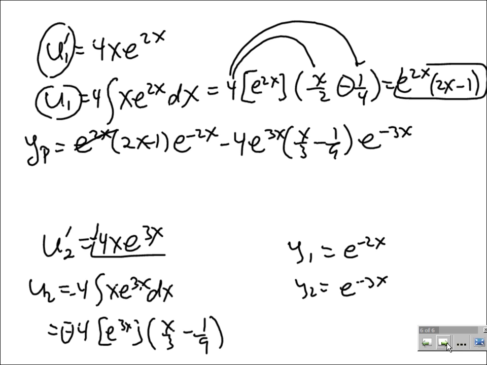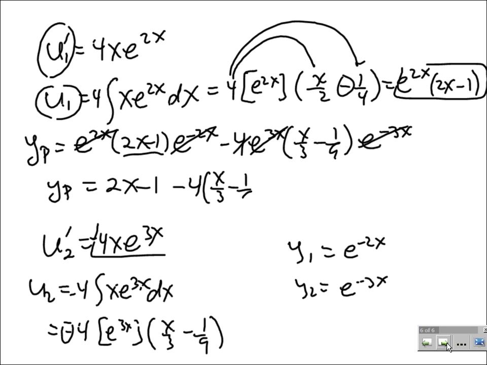Of course, this times that is 1 times 2x plus 1 is 2x minus 1. This times this is 0. Sorry, it's 1. It's e to the 0, which is 1, times negative 4 is negative 4 times x over 3 minus 1/9. That is y particular.